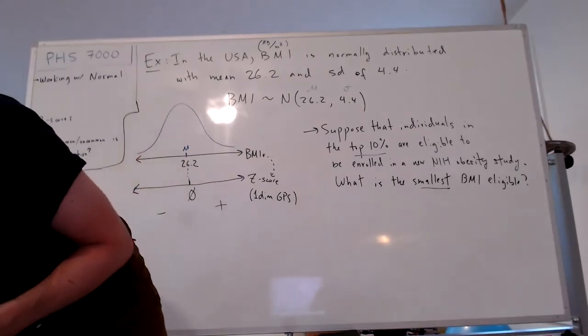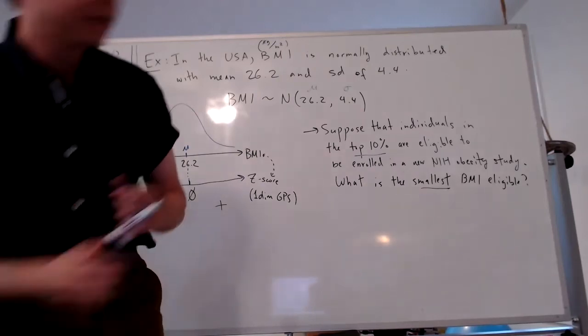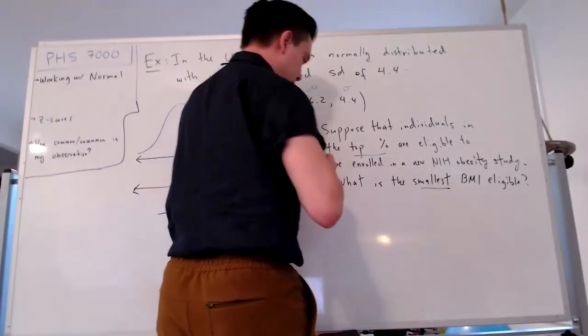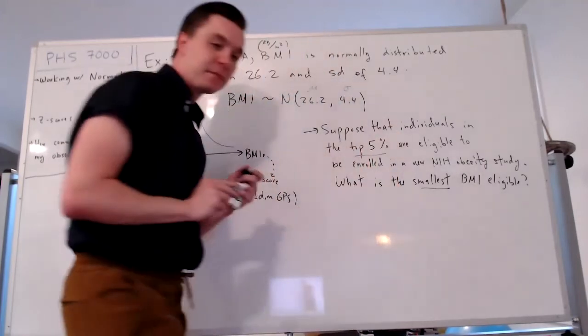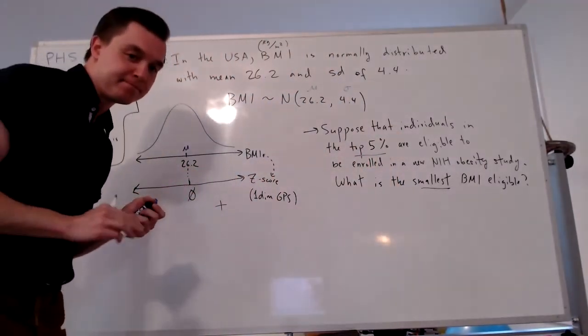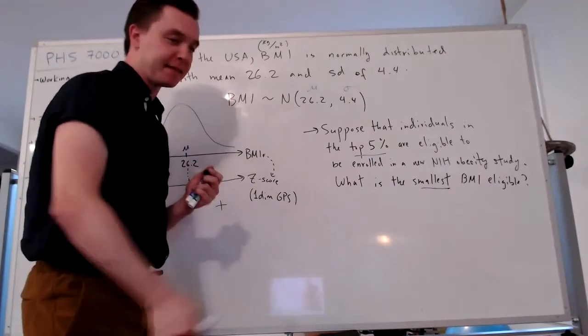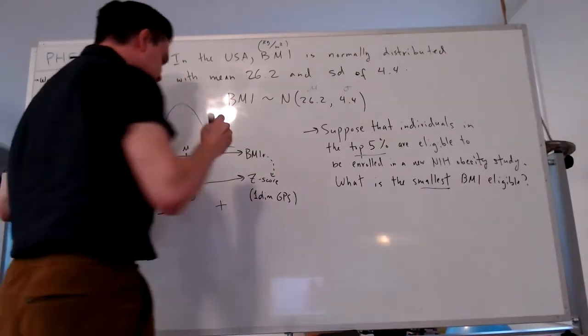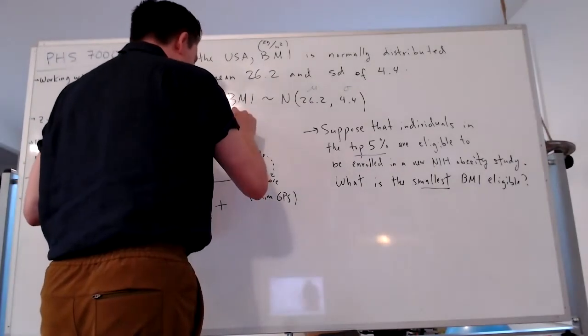I asked for less than 10% because we had 10% on our previous example. So let's do top 5%. We only have so much funding. Top 5% of the individuals. Top 5% are going to be right out here.